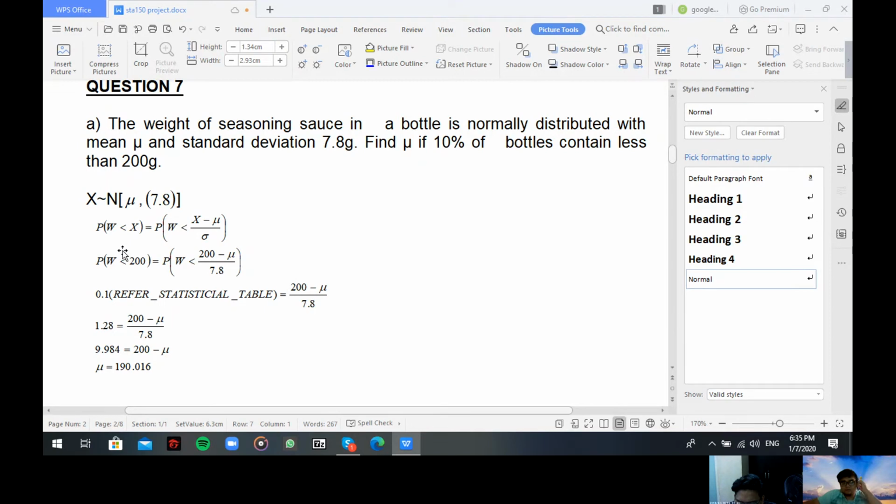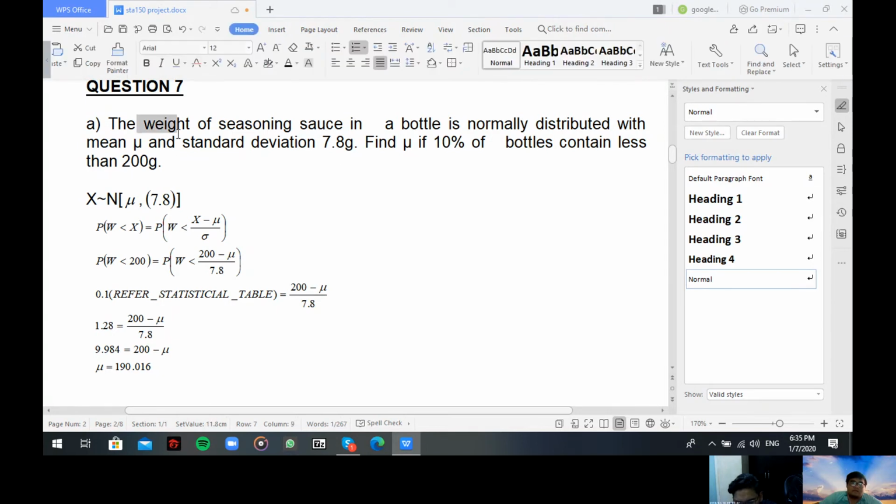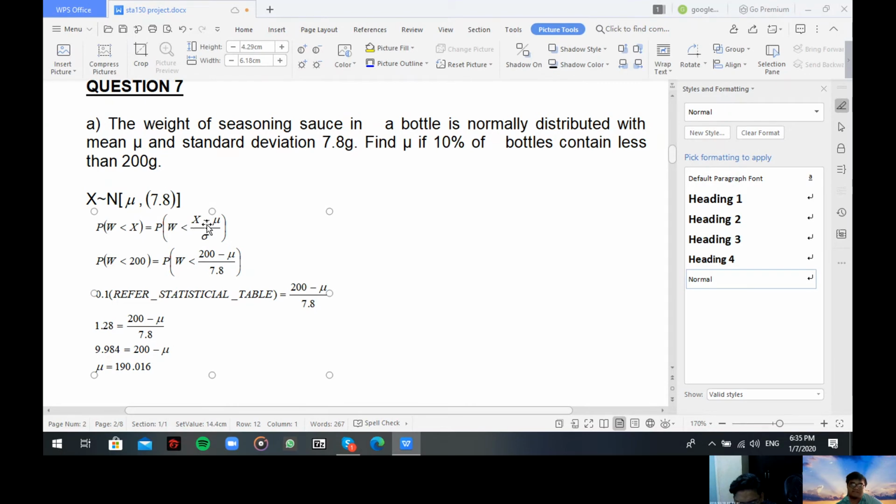first of all, Question 7, 10%. Because the question gives us the weight of seasoning sauce, so we use W. So P(W less than X), we change to X minus mean over the standard deviation.